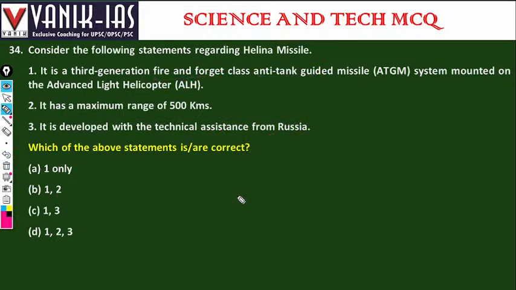Consider the following statements regarding the Helina missile. It is a third generation fire-and-forget anti-tank guided missile. It is mounted on the advanced light helicopter, ALH. Its maximum range is 500 km. It is developed with technical assistance from Russia. Which of the following statements are correct? It is mounted on the advanced light helicopter ALH, so the first statement is right.